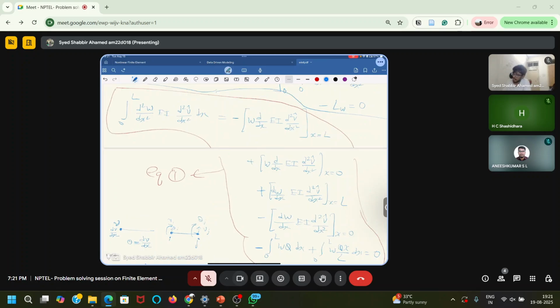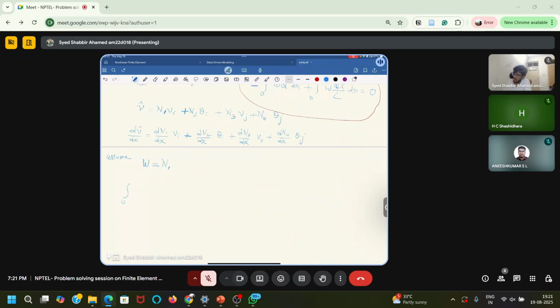After substituting in this, I will get d square N by dx square, EI into d square by dx square of V cap, which will be equal to N1 Vi plus N2 theta i plus N3 Vj plus N4 theta j, dx.